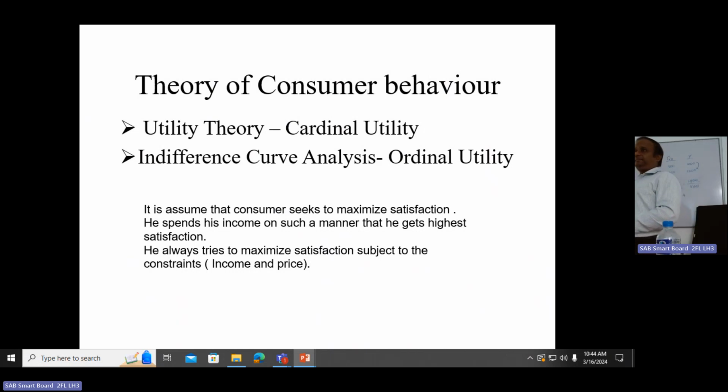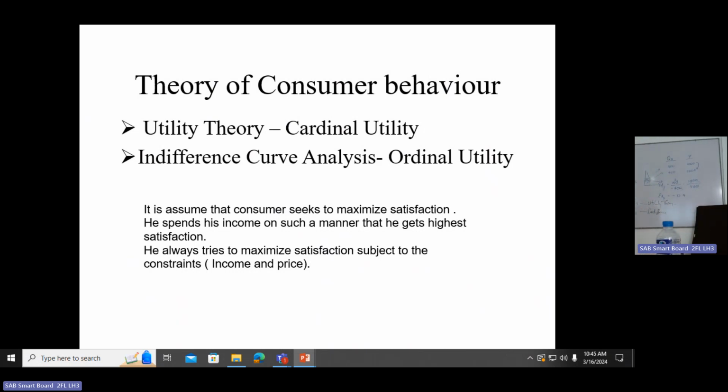How we can reach this target by selecting the appropriate bundle of goods, or by incorporating the relevant factors of production from the producer's point of view, subject to the constraint. How we can reach the maximum point that we discuss.